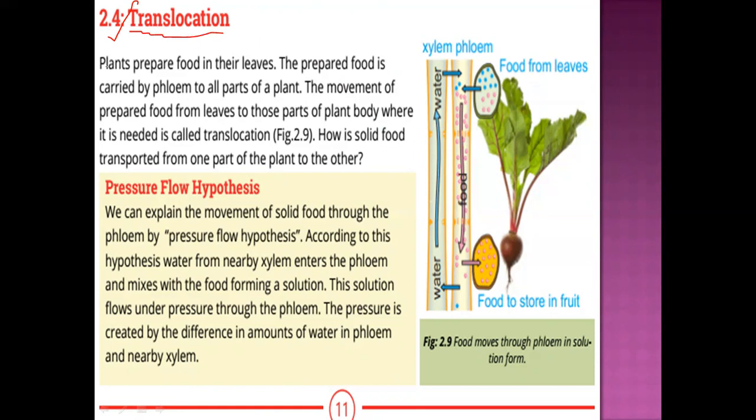It means plants prepare food in their leaves. What are the food factories of the plants? Yes, they are leaves. So when leaves prepare the food, it is not only stored somewhere, but it is also transported and then stored somewhere.